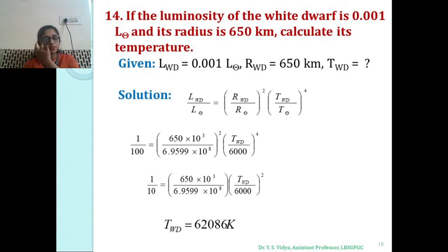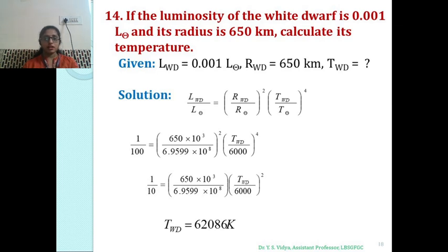We know the relation: luminosity of the white dwarf divided by luminosity of the Sun is equal to the radius of the white dwarf divided by the radius of the Sun, whole squared, times the temperature of the white dwarf divided by the temperature of the Sun, whole to the power of 4. We have to substitute.